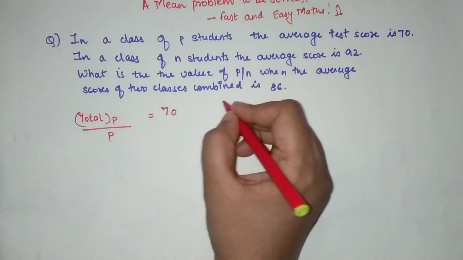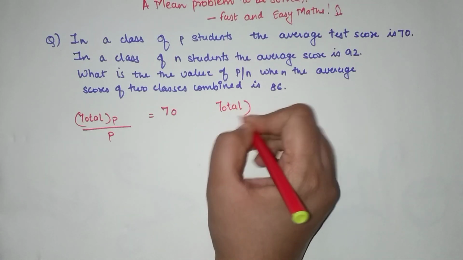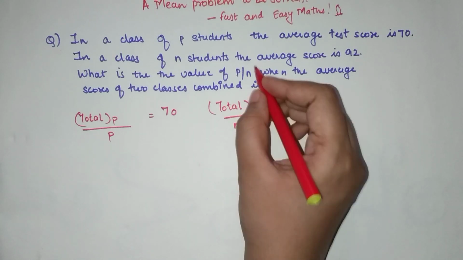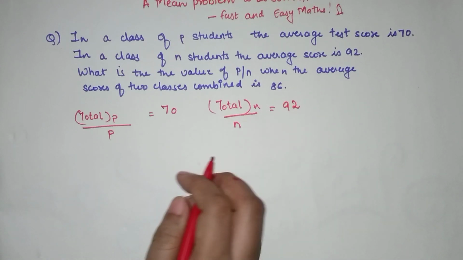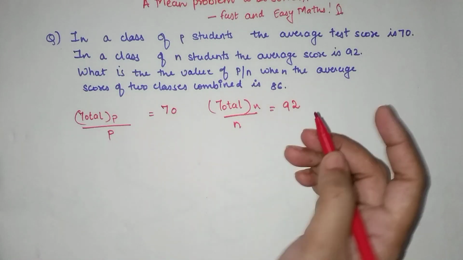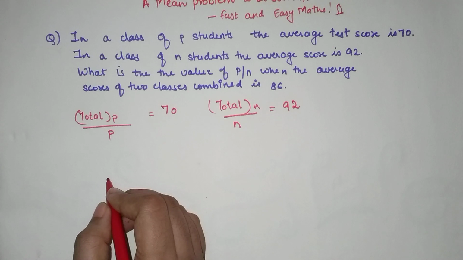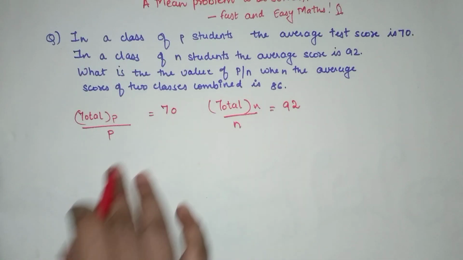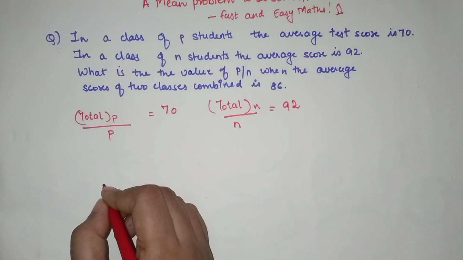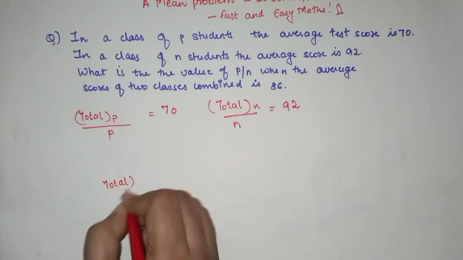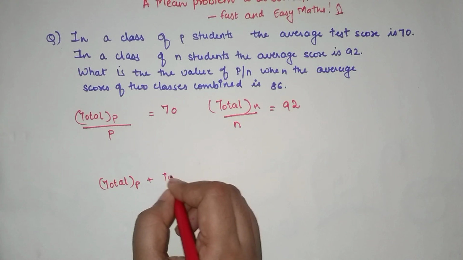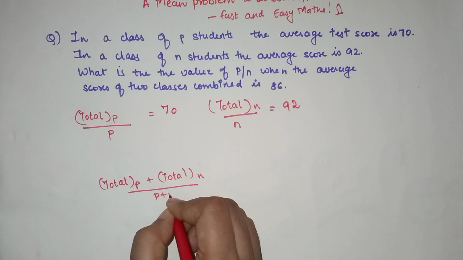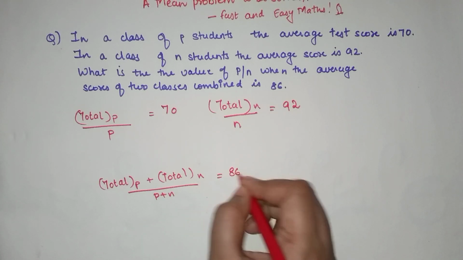Similarly, the total of the class which has N students upon N is equal to 92. And here we have been given that the average score of the two classes when combined is 86. So I will say total of P plus total of N upon P plus N is equal to 86.